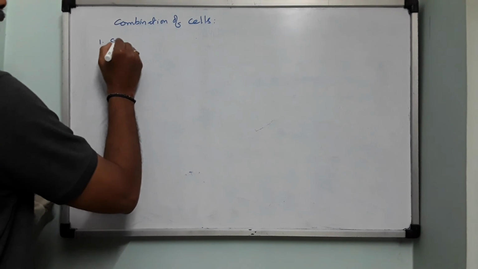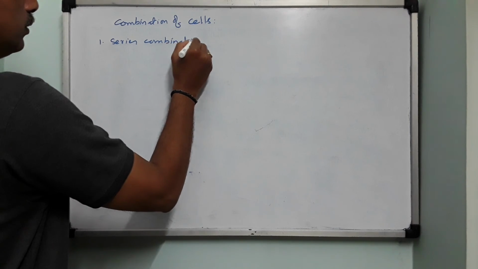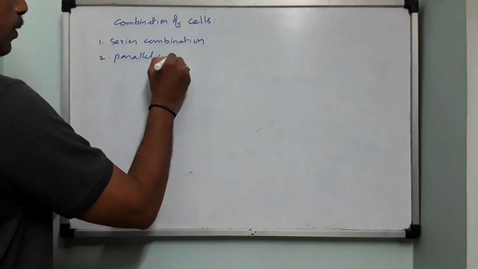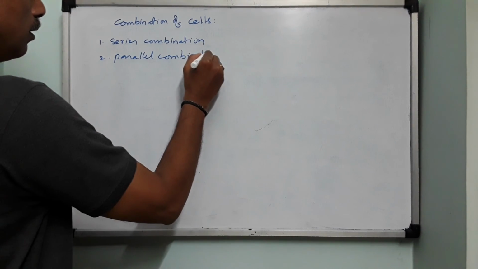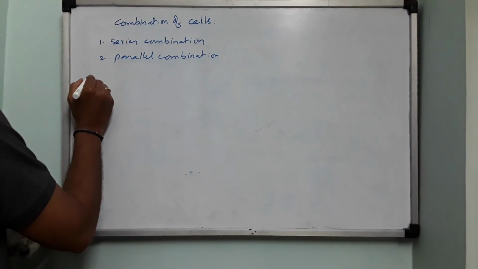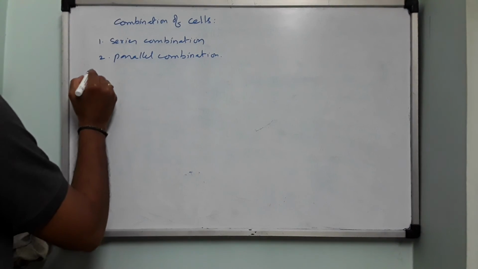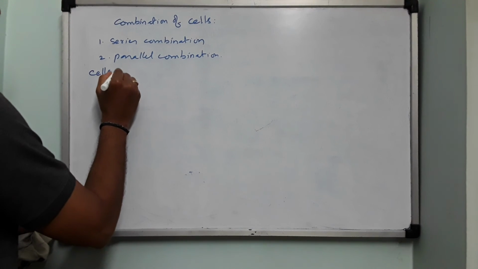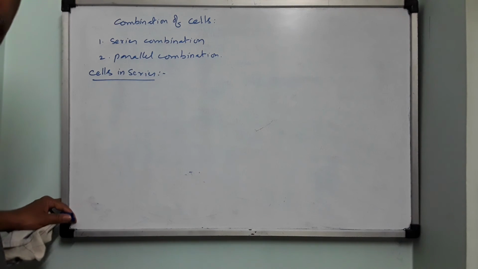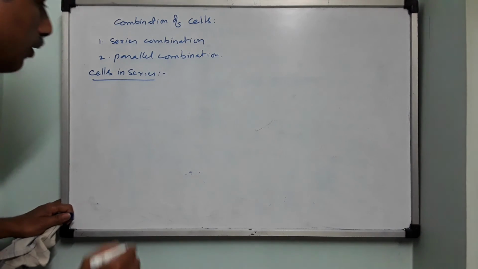Number one, series combination. Number two, parallel combination. Now you take series combination first. So let me write it very clearly. Cells in series. For our easiness, we consider only two cells of EMF E1 and E2 with internal resistances r1 and r2 respectively.